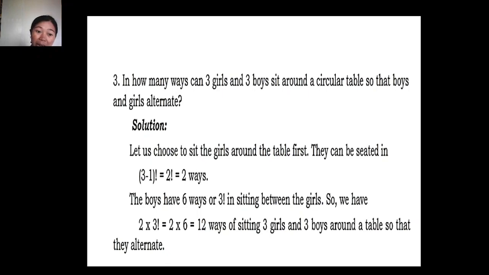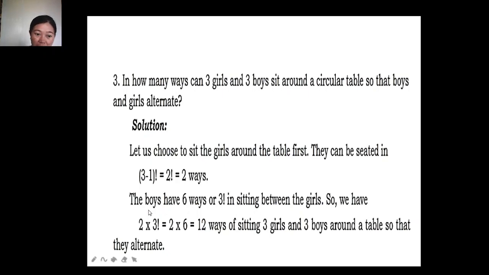Ang factorial natin na n minus 1, ginamit na natin dun sa girls. And then, dun sa pagitan ng mga babae, dun lang natin i-arrange yung 3 boys. That's why, for the boys, we have 6 ways. And that comes from 3 factorial, which is equal to 3 times 2 times 1. Kaya siya ay naging 6.